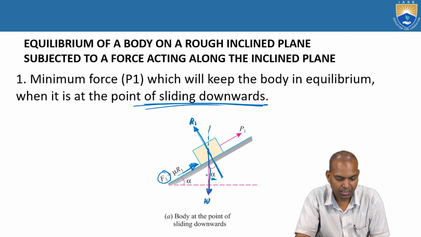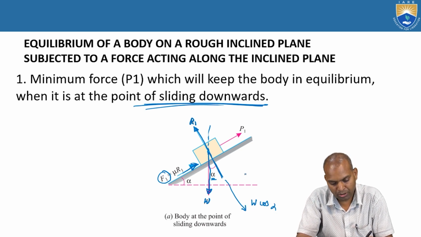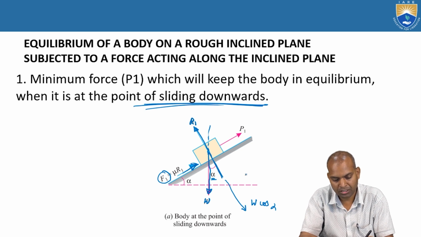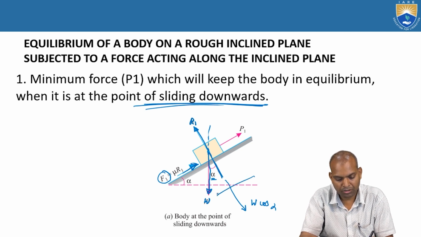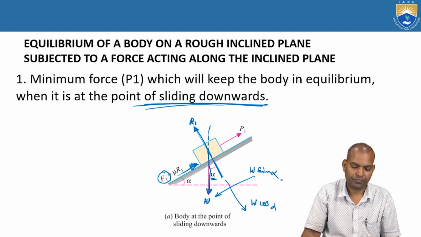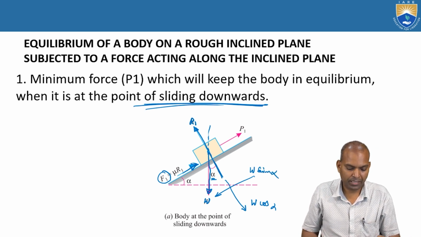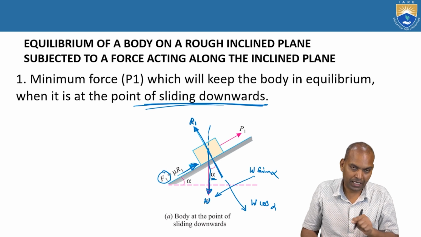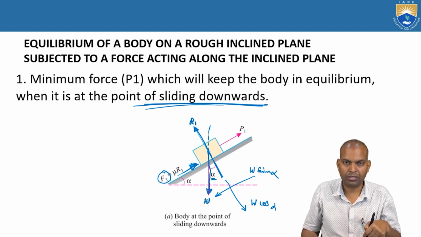Normal to the plane it is W cos alpha, and parallel to the plane it becomes W sin alpha.